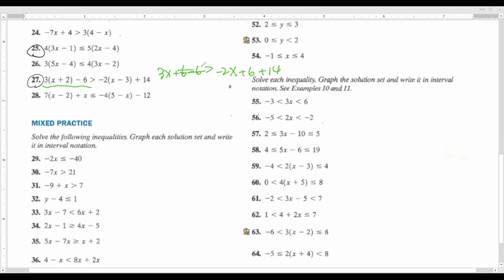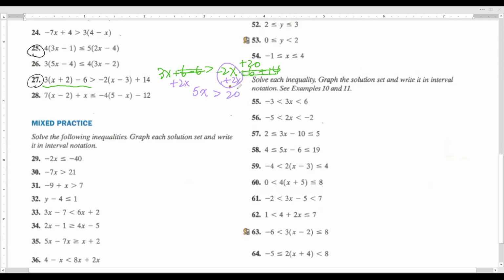So here it became 0. We can combine like terms here first, right? So here it became plus 20. You can do it like this. And now, second step, we say okay, we need plus 2x. So you get 5x greater than, here it became 0, so it became 20.